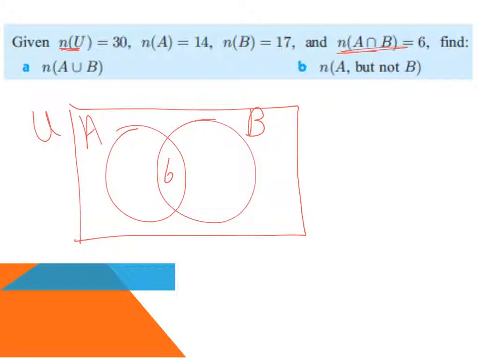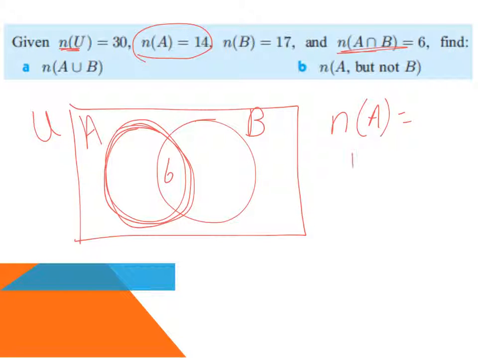Then it also says I have 14 elements in A. Well, this whole circle is A, and I've already accounted for 6 of those elements. So to find the number of elements in set A, I'm going to take my 14 that I should have, subtract the 6 that I already put there in the intersection, and I get 8. So there should be 8 elements that are just in set A and not in the intersection.